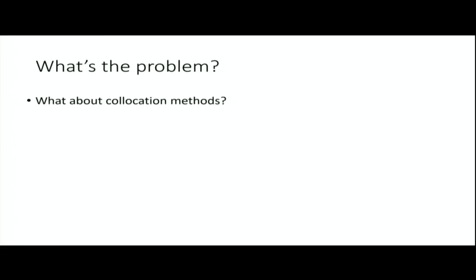So what about these collocation methods? Those of you that remember the lecture last week on optimal control might remember that I said there are shooting methods and then there are collocation methods. Collocation methods in optimal control optimize a cost or a reward using a constrained formulation.